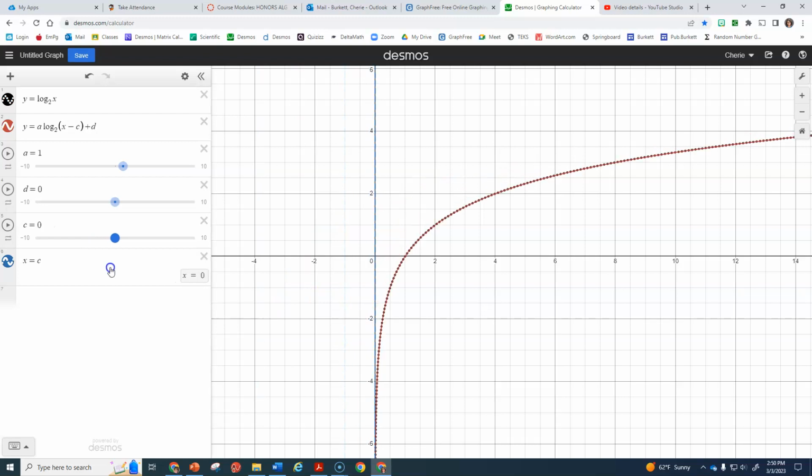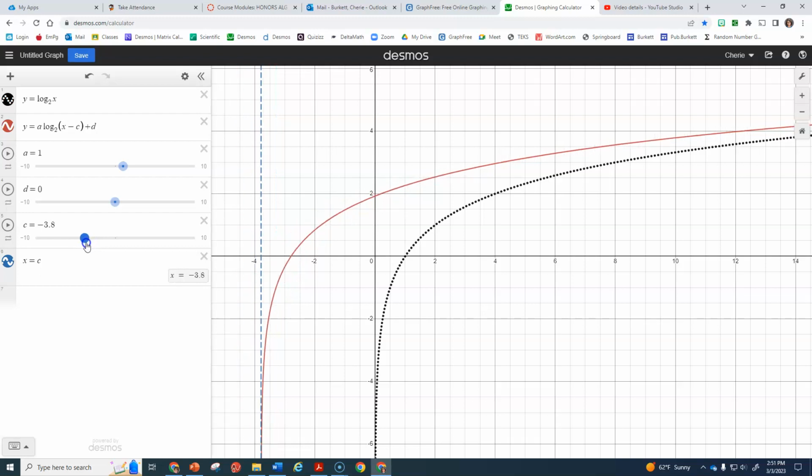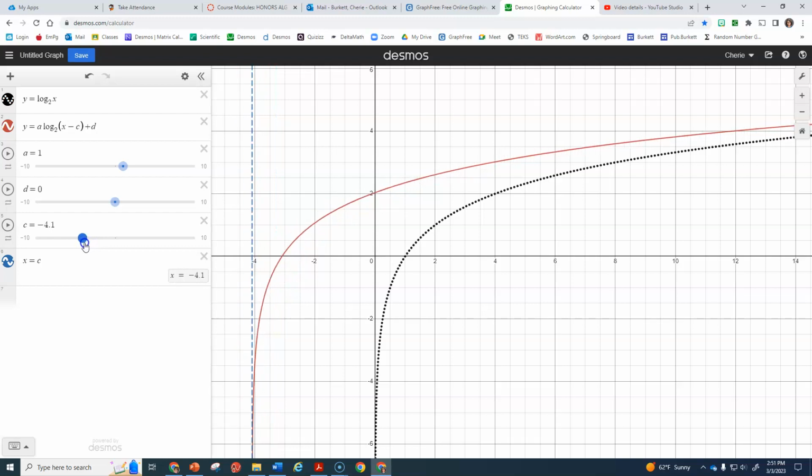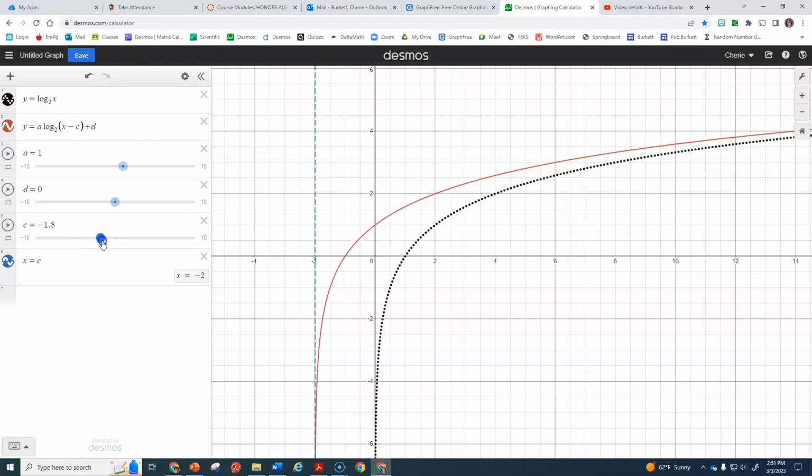We can see that the asymptote is changing. My asymptote matches my C value. So if my asymptote is at 2, that means that C value is 2. If my asymptote is at -4, that means my C value is at -4. That means that my end behavior and my domain has changed in the same way that C has.